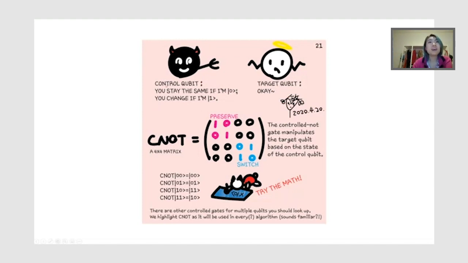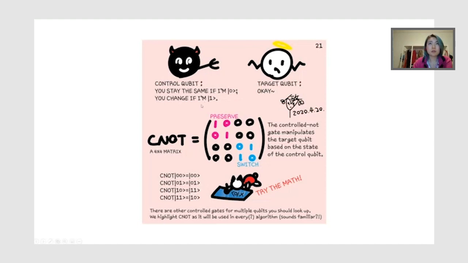Okay. I think there's something similar in classical computing. There's something like a controlled NOT gate. So it's the same idea that is basically allowing your first qubit to be a control qubit and your second qubit to be a target. And what it does is basically say if the control qubit is 0, then the target qubit doesn't change.